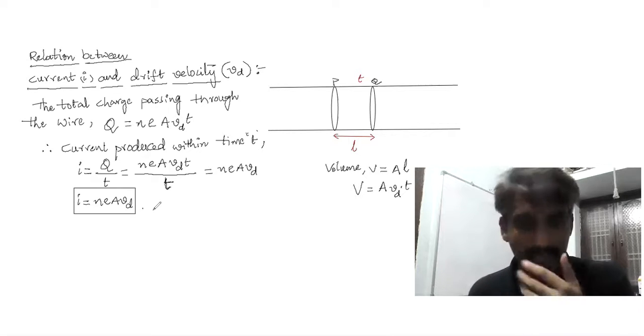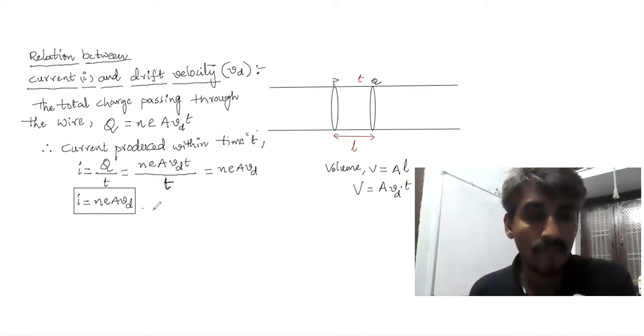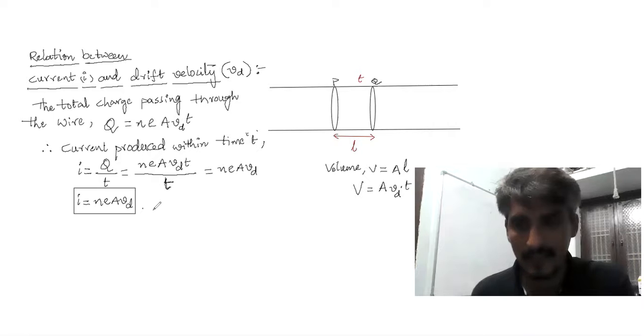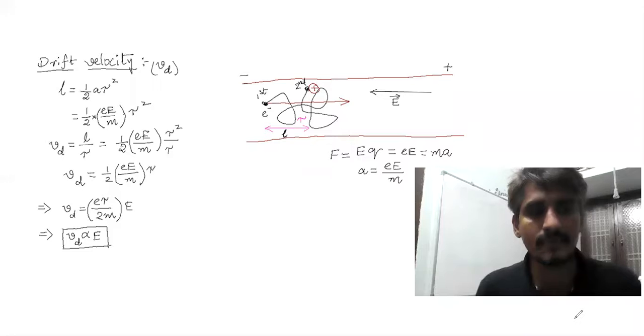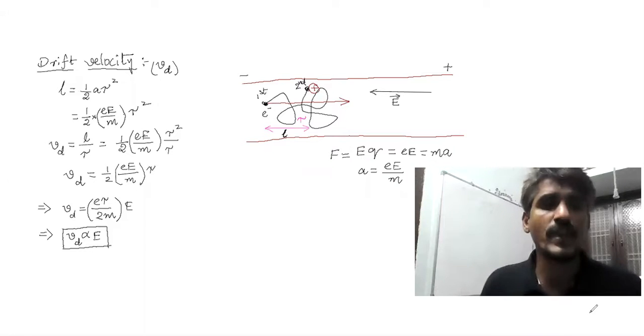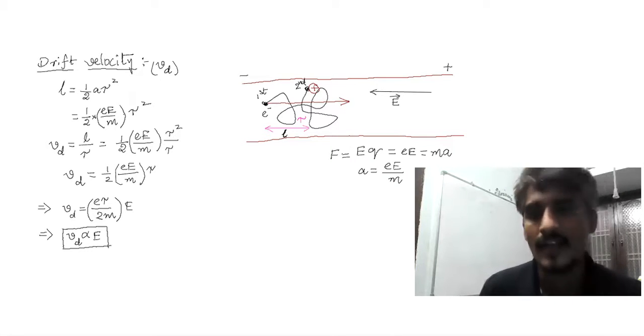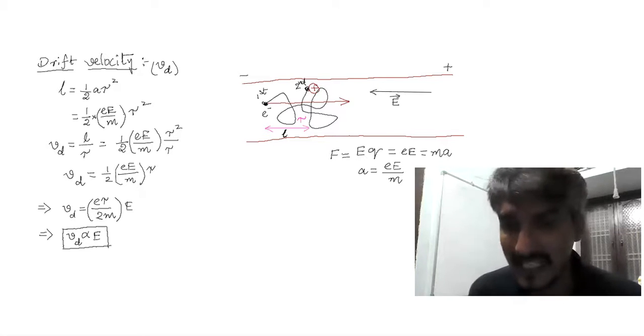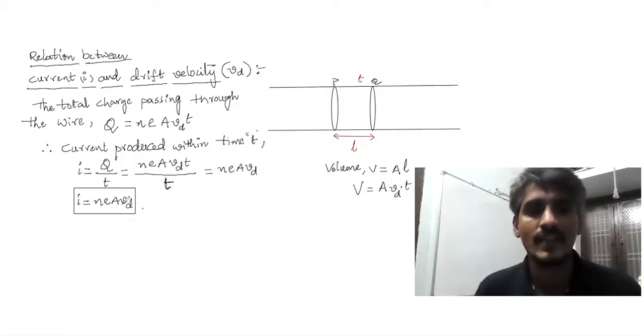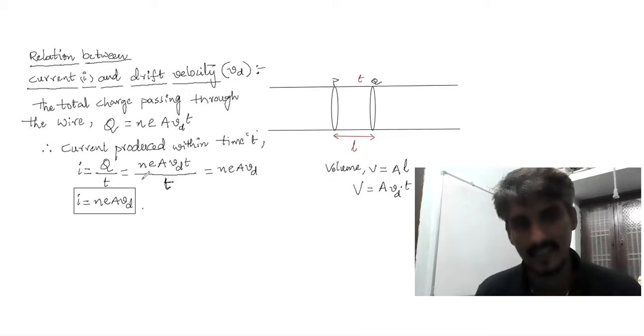You can directly say, if the electric field increases, previously we have done this, then the drift velocity increases. Am I right or not? If the drift velocity increases, then the current increases. Yes or no?